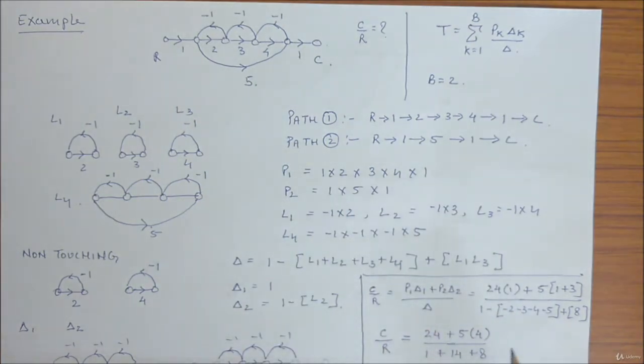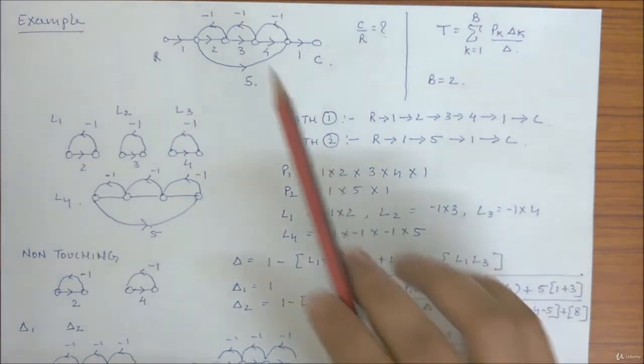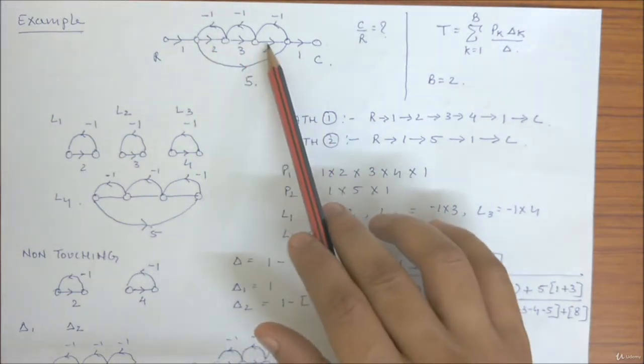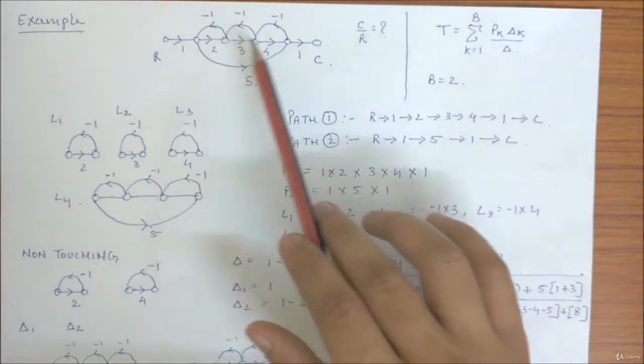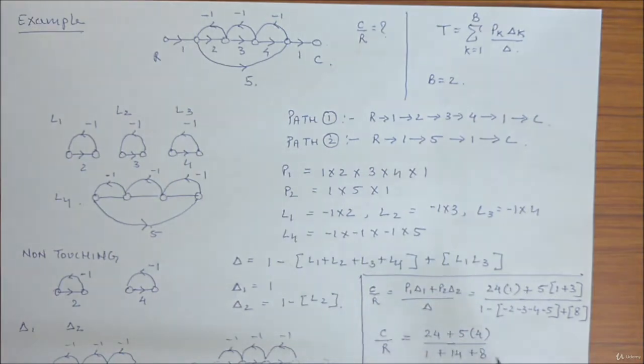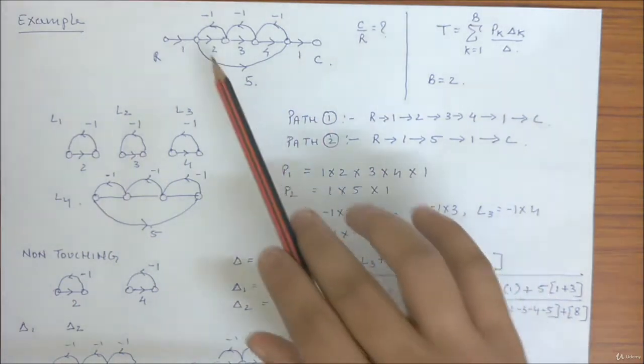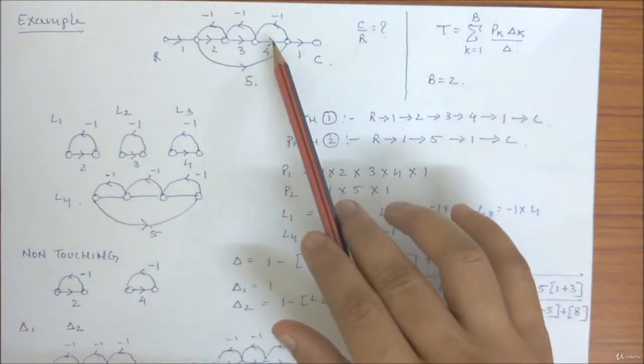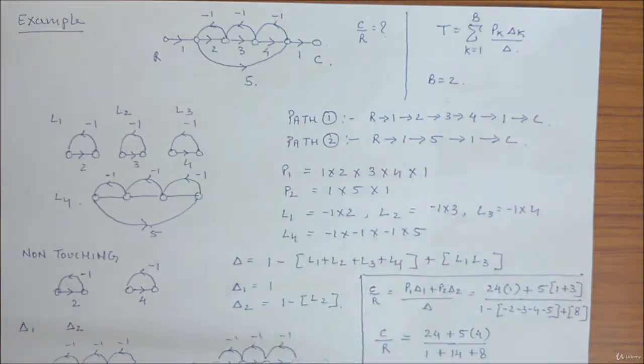Now I have L1 and L3, this one and this one. These two are non-touching because no branch and no nodes are common to each other. That is why this term L1 L3 will come here. So I have delta with me now.